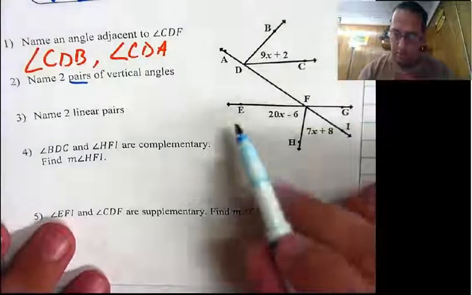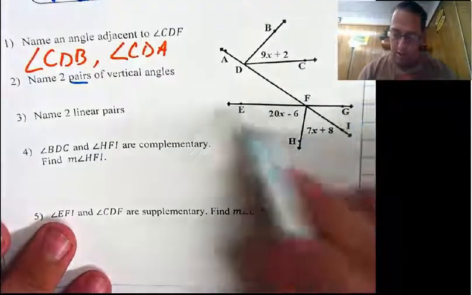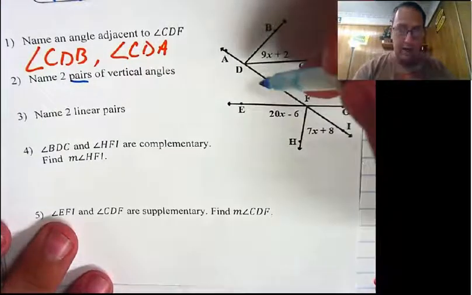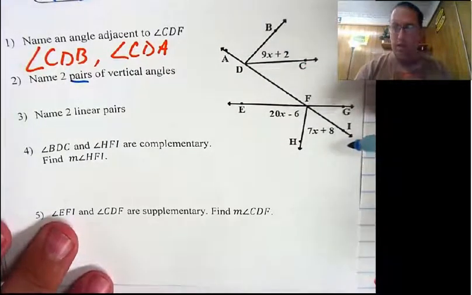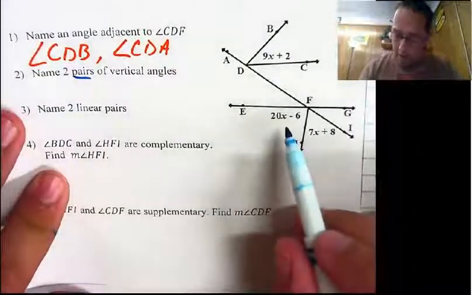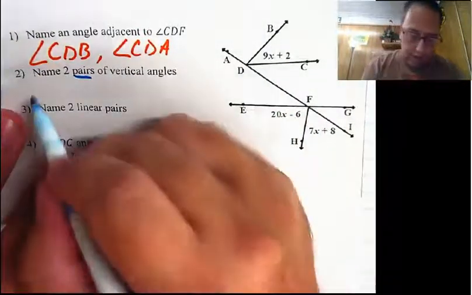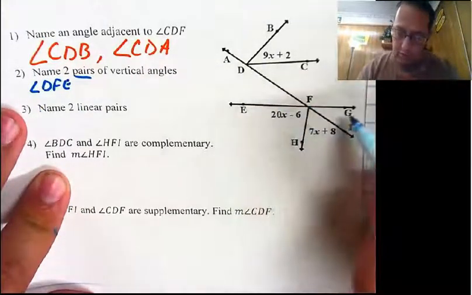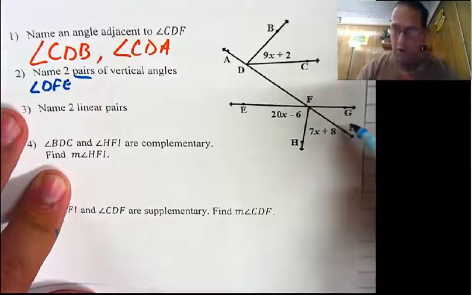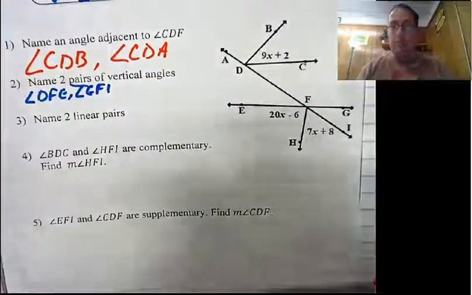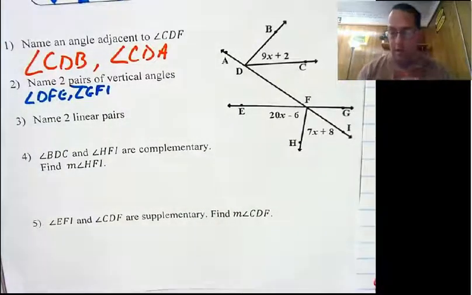And that we would find, let's see, here's a line, line EG, which goes all the way across line DI, right? And so this is where we can find some vertical angles. We have angle DFE right here, and directly across that vertex where these two lines intersect, we have angle GFI. Now I did ask for two pairs, so I need another pair.